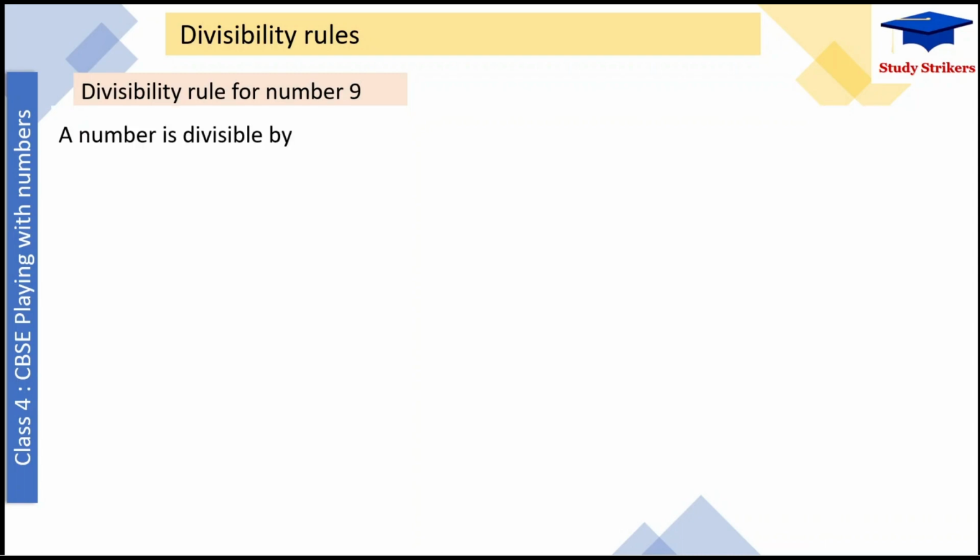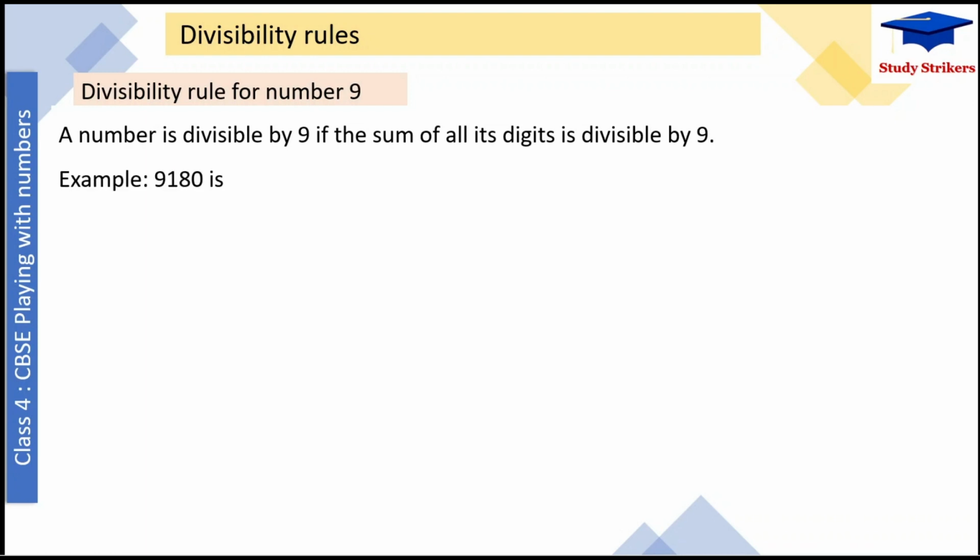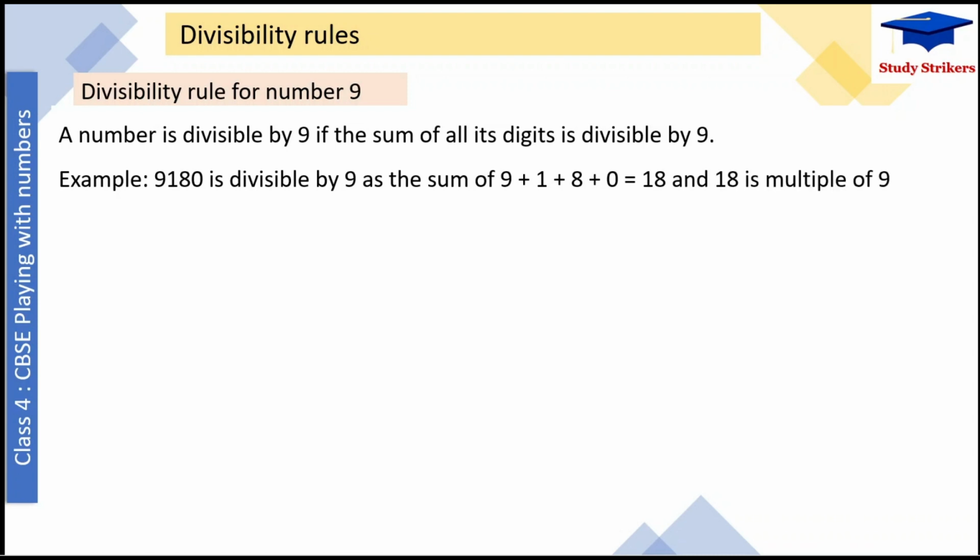A number is divisible by 9 if the sum of all its digits is divisible by 9. For example, 9180 is divisible by 9 as the sum 9 plus 1 plus 8 plus 0 equals 18, and 18 is a multiple of 9. Can you tell me, is this number divisible by 3? Yes, of course, because 18 is again divisible by 3.